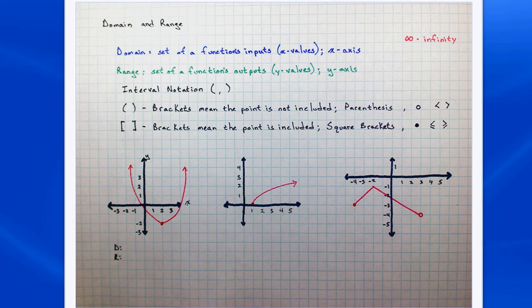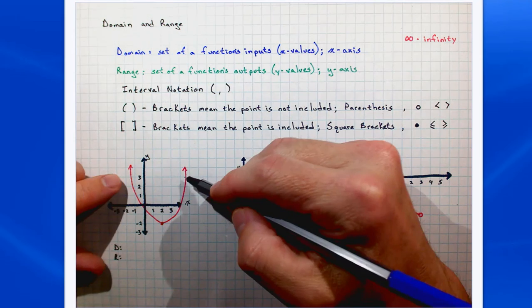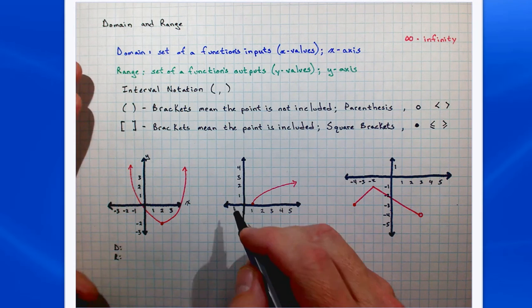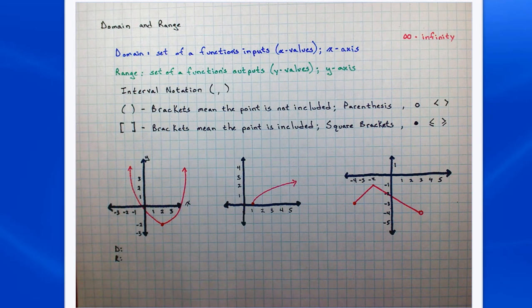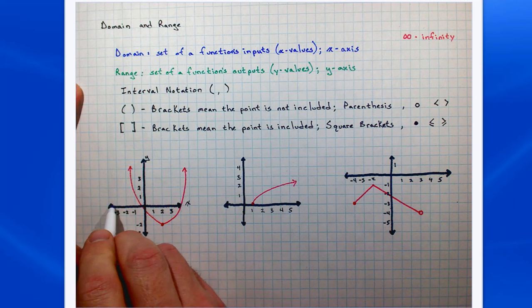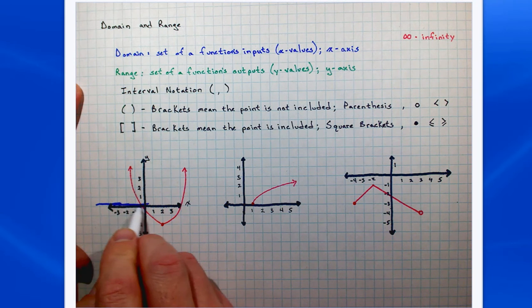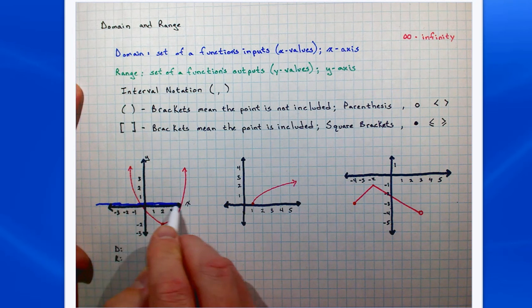So I'm going to look at everything on x. Now, granted, these graphs continue on forever. This is just a little snippet of this graph. These two lines continue on and on. So whenever I look at this, my domain is actually everything through here. It's all of my x values.